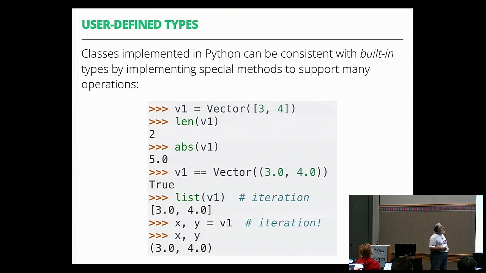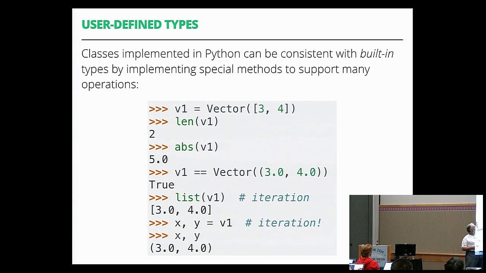All right, so when you implement classes in Python, you can implement several special methods so that they can respond to built-in functions like len and abs, so that you can compare one object to another, so that you can iterate. So this is an example of iteration, right?